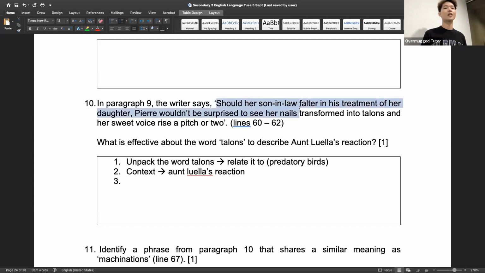Should her son-in-law falter in his treatment, means if the man treats the daughter really badly, right? Her human nails would transform into talons, and her voice would rise. So she is very what? Okay, I'm going to give you the answers in 1 minute.